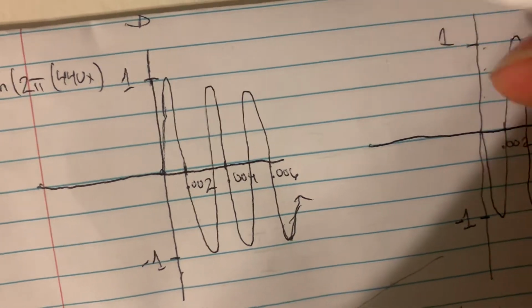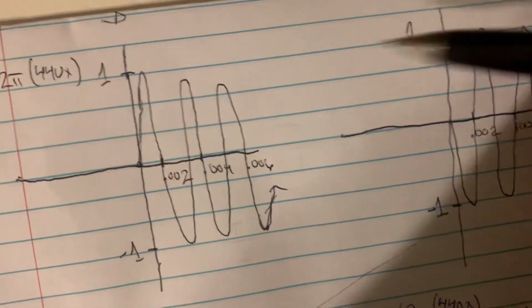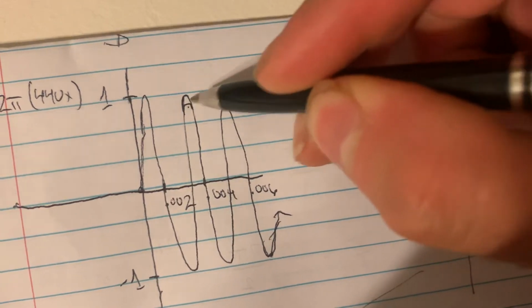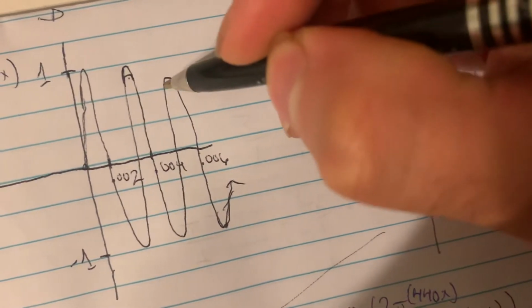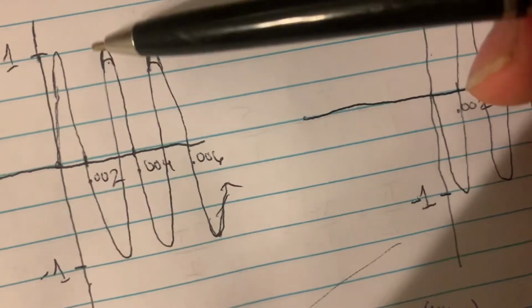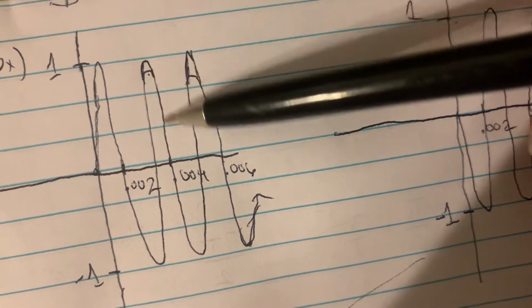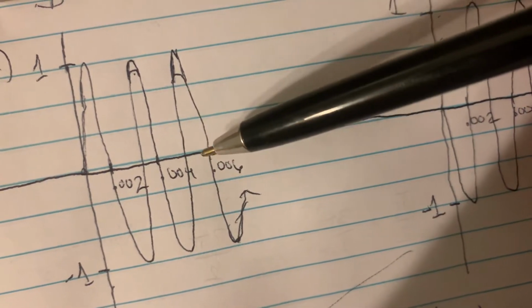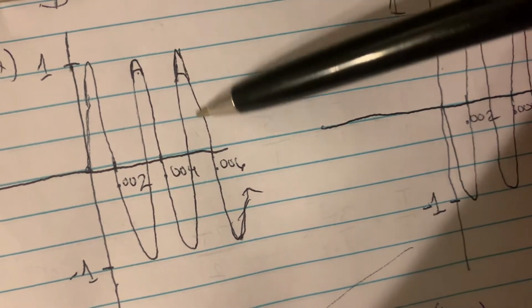Well, this is supposed to hit 1 here. All right, there we go. This is supposed to go all the way up. If it goes all the way up, it goes back down, hits 0.004, -1, bounces back up, goes to 0.005, and it keeps going.